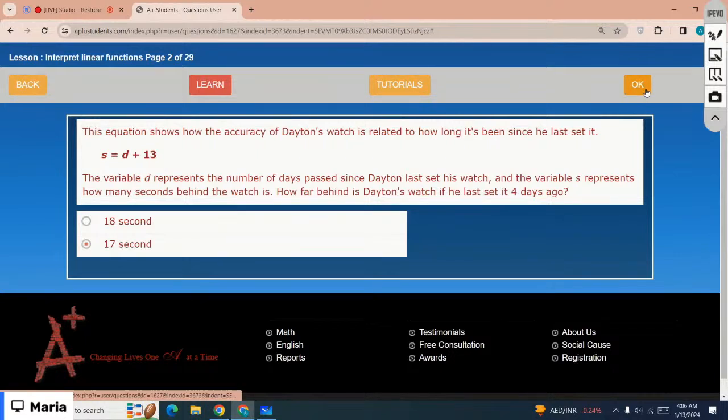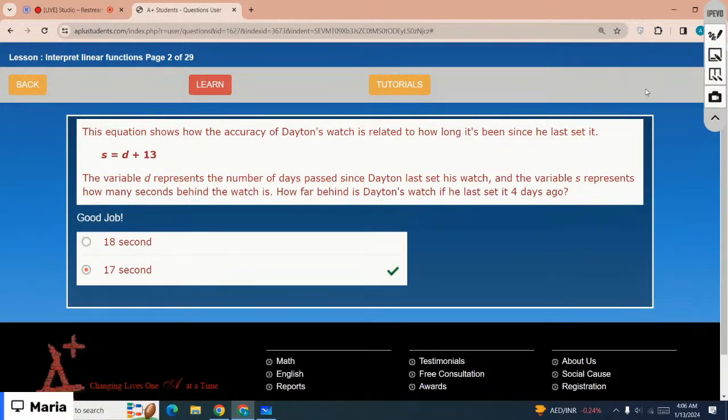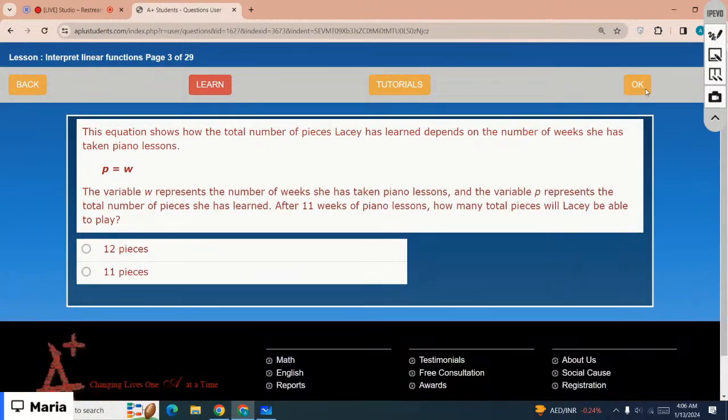Okay, let's just move on to the next one. This equation shows how the total number of pieces Lacey has learned depends on the number of weeks she has taken piano classes.